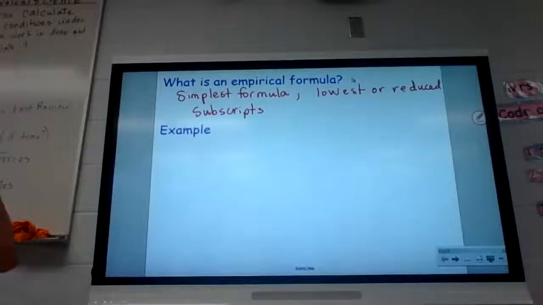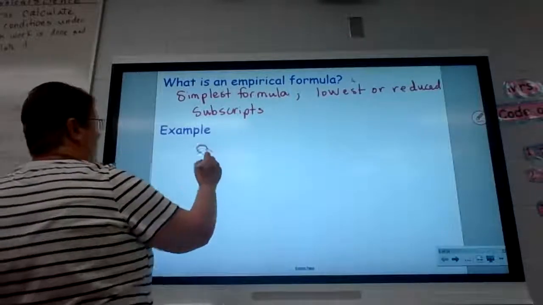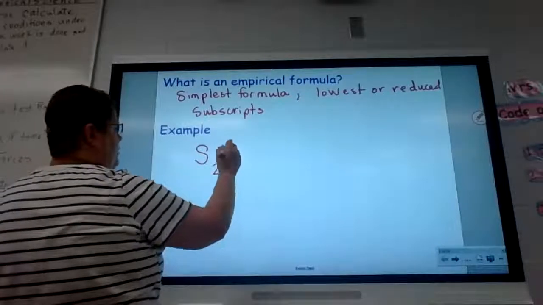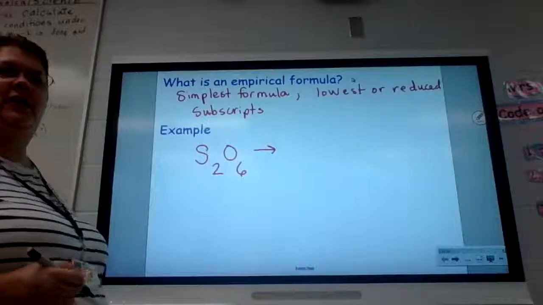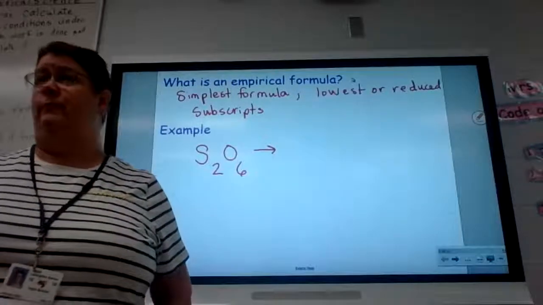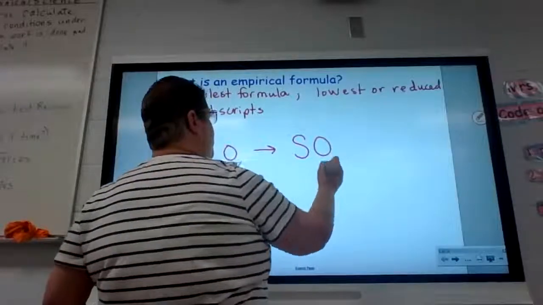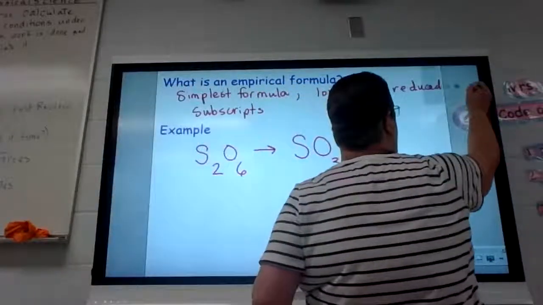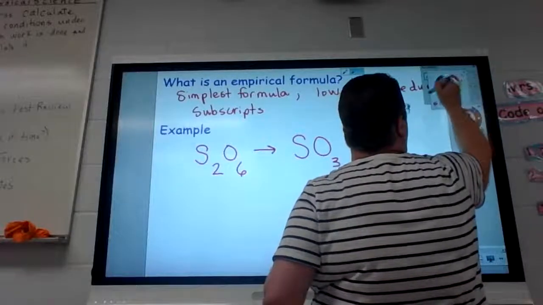So, if you have an answer such as what you had on the test, which would have been S2O6, you know that we would change S2O6 and reduce it into what? SO3. Because the 2 and the 6 can be reduced by 2.